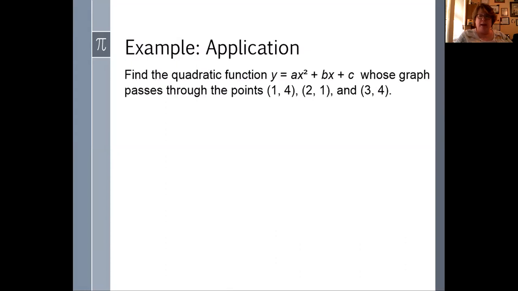The first ordered pair, (1, 4), says that this graph goes through the point x equals 1, y equals 4. So I can substitute that back into the quadratic function and find an equation in A, B, and C. So for the ordered pair (1, 4), I'm going to substitute that into my equation.